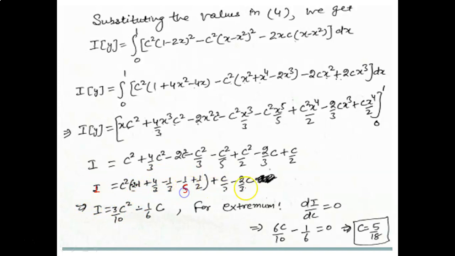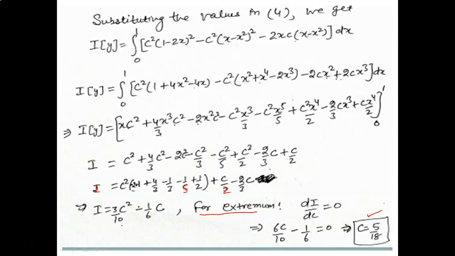This is 5 here, and this is c by 2. So after simplification, you get I equal to 3c square by 10 minus 1 by 6 c. Now for extremum, you know dI by dc equal to 0. Then after simplifying this, you get the value of c equal to 5 by 18.